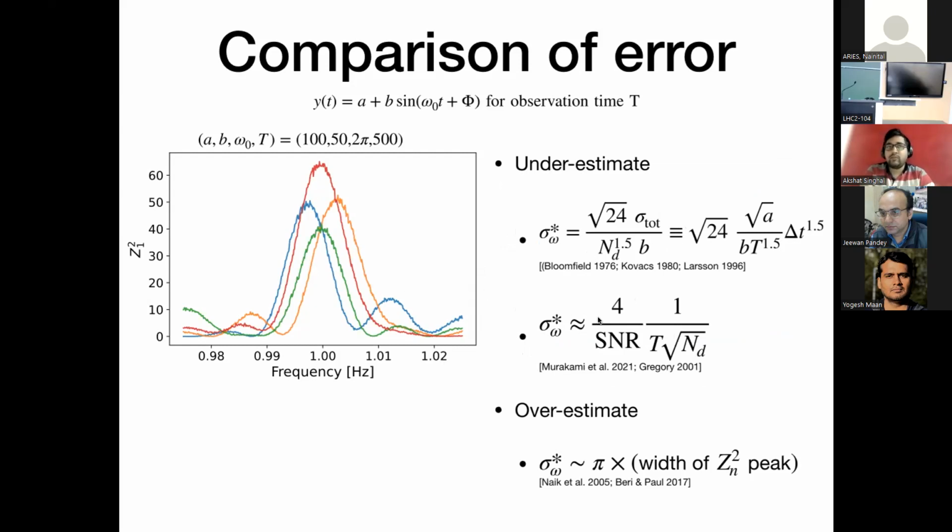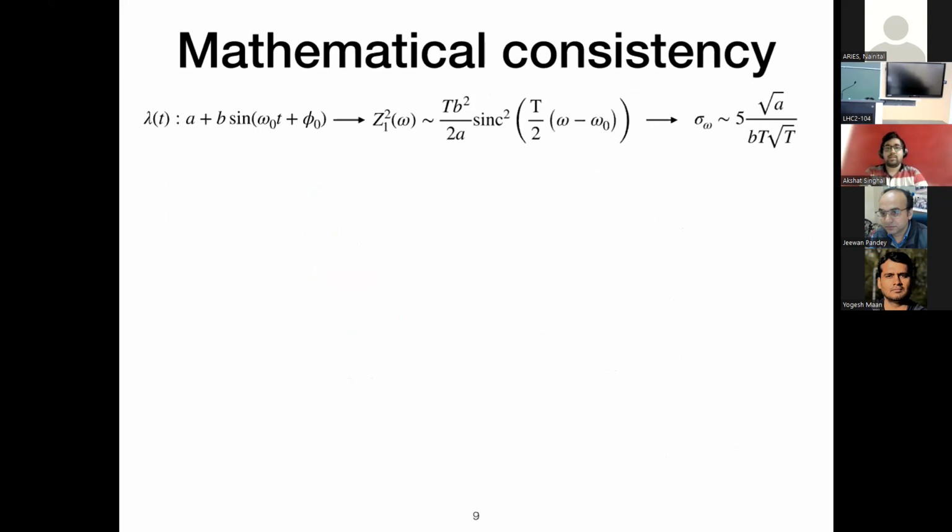If no context is available and only a single data set is accessible to you, then that's the only error you should report. But since we have studied the Poisson behavior, we know that the error should be much higher. The other half of the spectrum is overestimation, in which they measure the width of the peak. Again, we will see that this is much on the higher side.